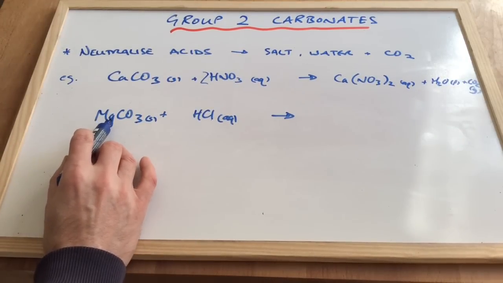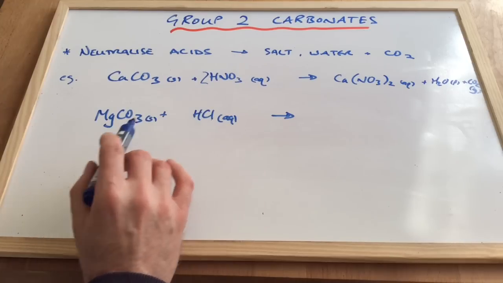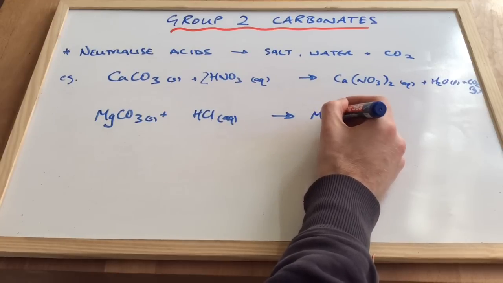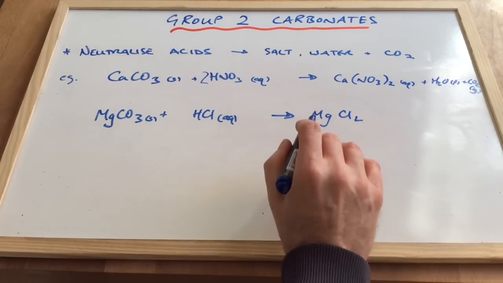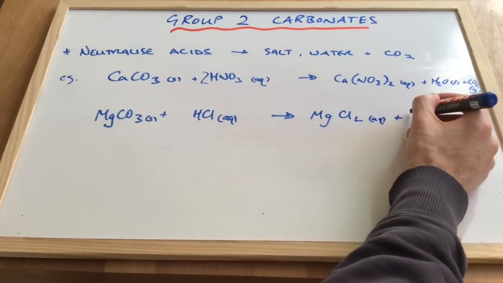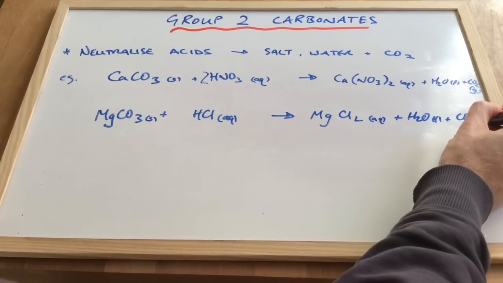The magnesium carbonate would react with hydrochloric acid to form the salt magnesium chloride. So that's going to be MgCl2, 2 plus 1 minus each. That will be aqueous. And we also get water, liquid, and CO2 gas.